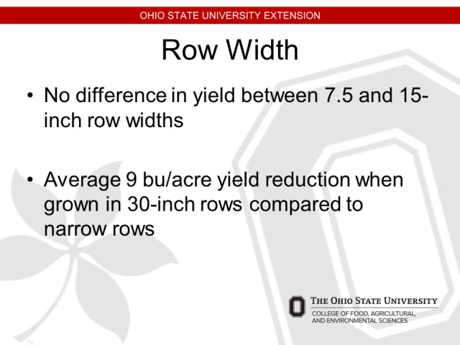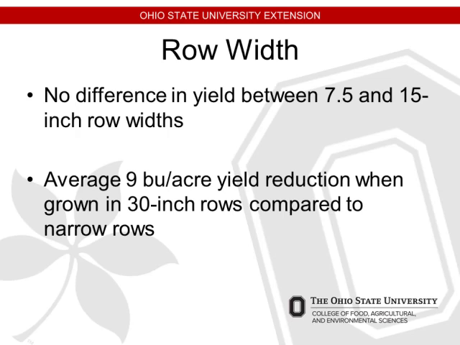We're still combing through that NCSRP data, so I think there's more to that row width story. Our data in Ohio almost consistently shows 30 inch rows yield less than 7.5s and 15s, and the 7.5s and 15s tend to yield similar.